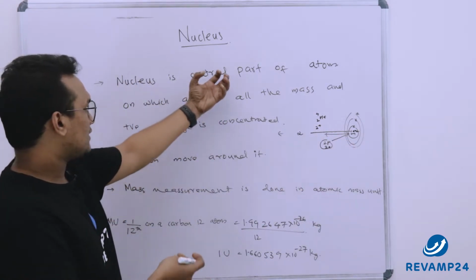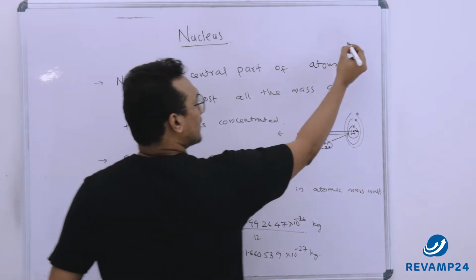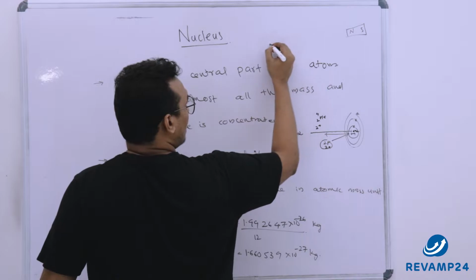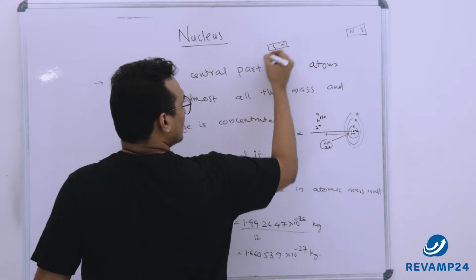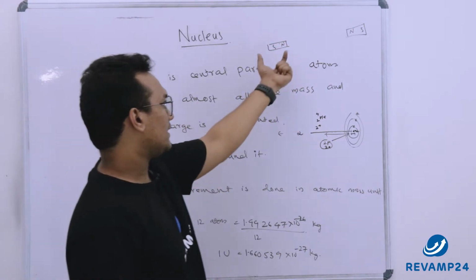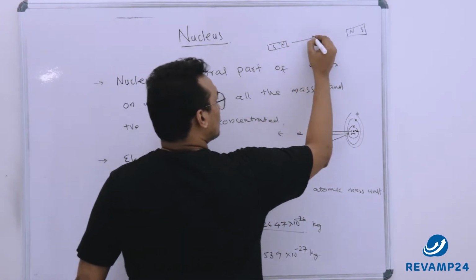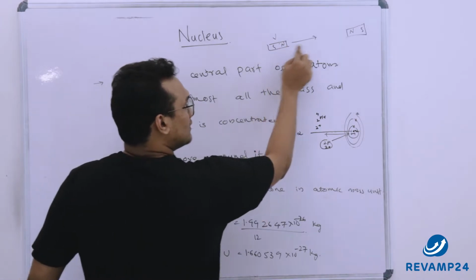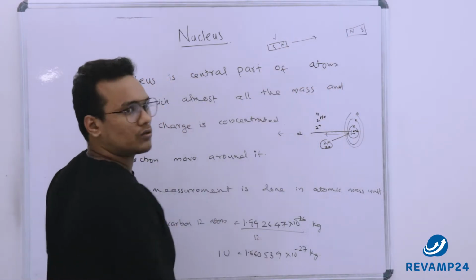Just imagine you have a north pole of a magnet here, and you throw another magnet with the same polarity towards it. It will have a higher initial velocity. Now this north pole would be repelling that north pole.